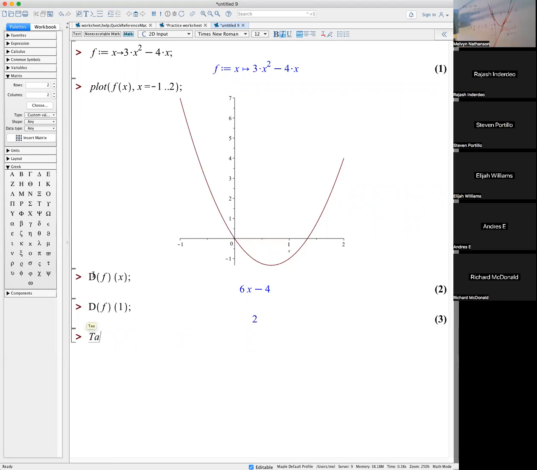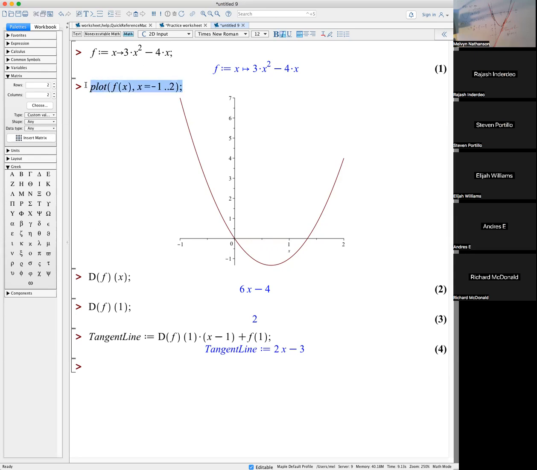So the tangent line, I'll just give it a name, tangent line, why not, is y equals the derivative of f at 1 times x minus 1 plus the value of the function at 1. And that's the tangent line, just what we got a moment ago.